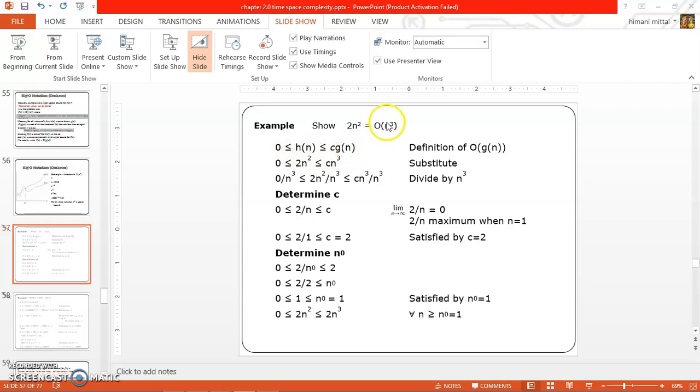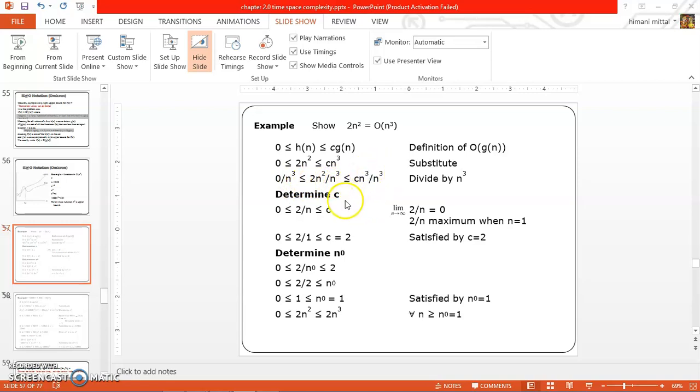Now g of n we want to show is n cube, so we will put it here. Now we will try to find out the value of c. For this, we will divide the whole thing by n cube. So what we will get is 0 upon n cube is less than or equal to 2 n square upon n cube, less than or equal to c n cube upon n cube.